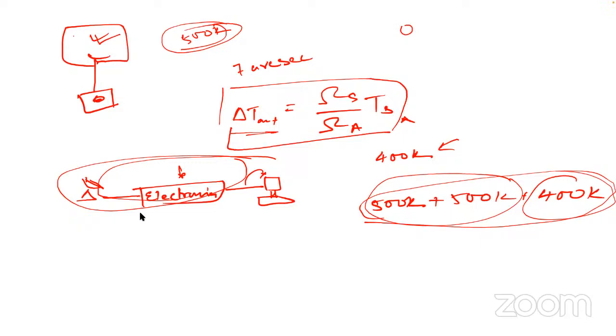Now, coming to the second point, why won't the antenna be affected? The antenna won't be affected because that temperature is due to something called the greenhouse effect, if I'm not wrong.